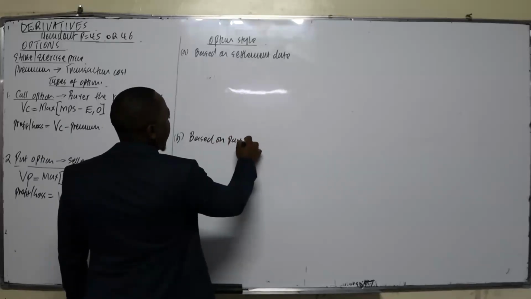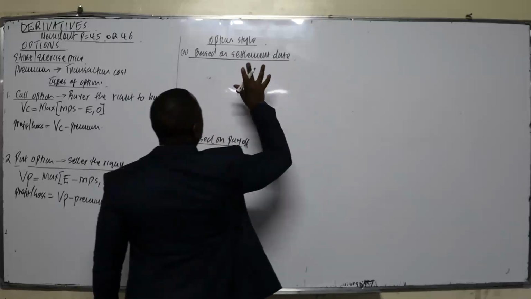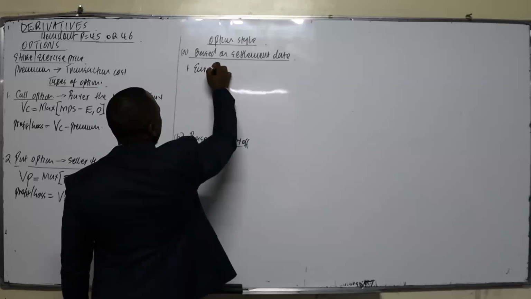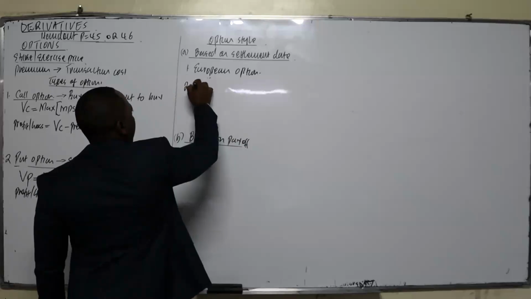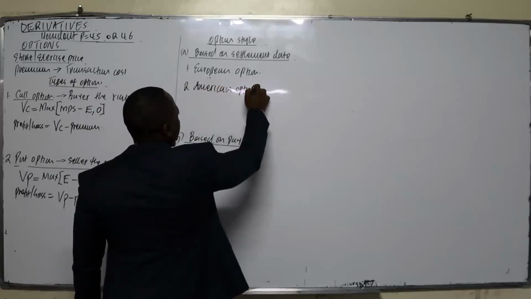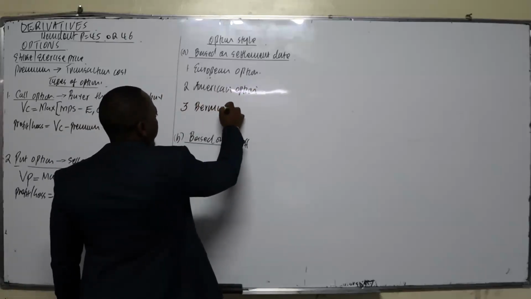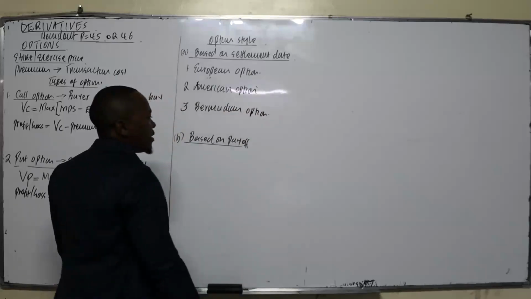Based on the settlement date, option styles are classified into three. Number 1, you have what you call European option. Number 2, we have American option. And number 3, we have Bermudian option. And what's the difference?